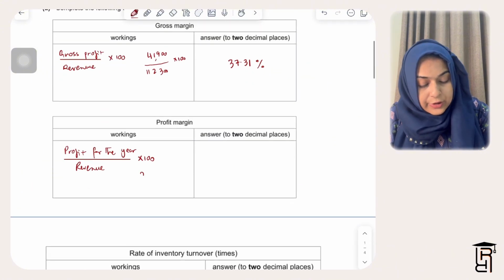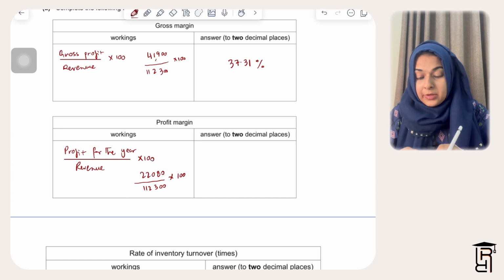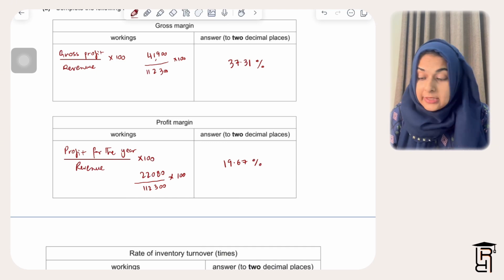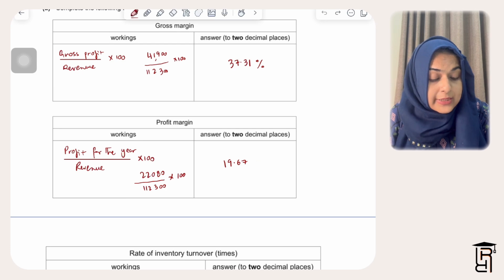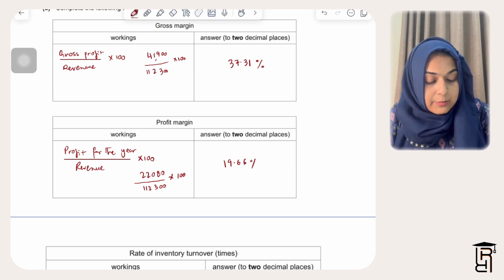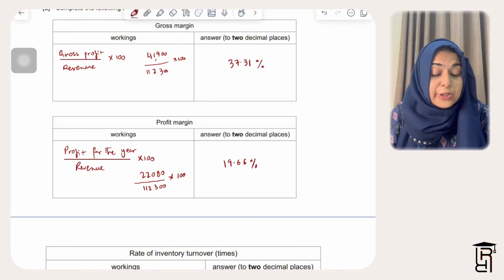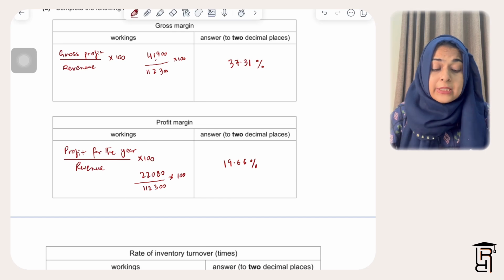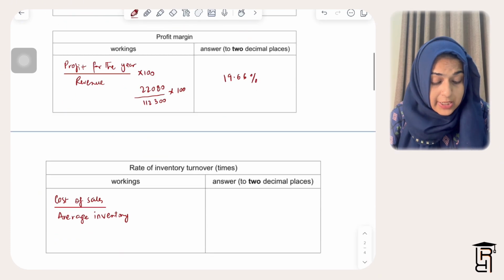Profit for the year 22,080 divided by revenue 112,300 multiplied by 100 will give us 19.67%. This is my profit margin. Oh no, sorry, 19.66%, because you need to round it off to two decimal places. You should follow this also, if they have written it in the question.